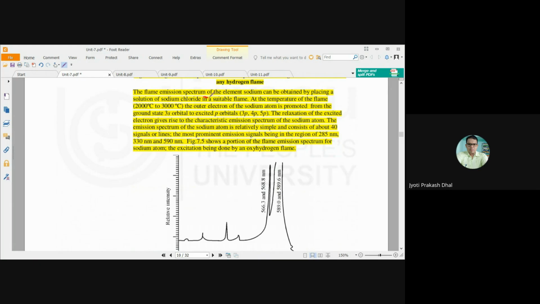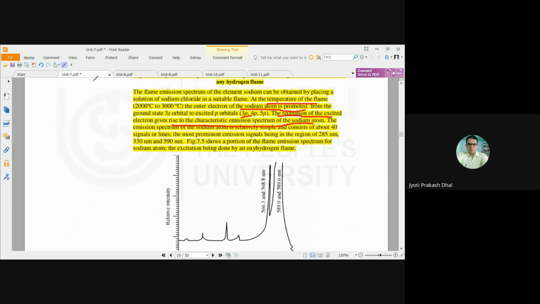So the flame emission spectrum of the element sodium can be obtained by placing a solution of sodium chloride in a suitable flame, where the temperature of the flame should be around 2000 to 3000 degrees Celsius. The outer electron of the sodium atom is promoted from the ground state 3s orbital and excited to p orbitals, that may be 3p, 4p or 5p orbitals, and after that the relaxation of the excited electrons gives rise to the characteristic emission spectrum of the sodium atom.